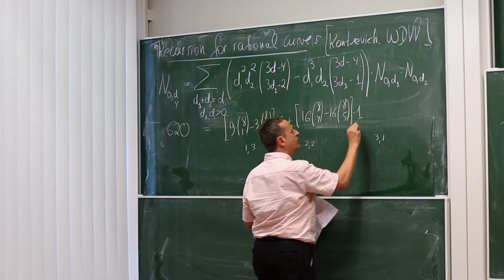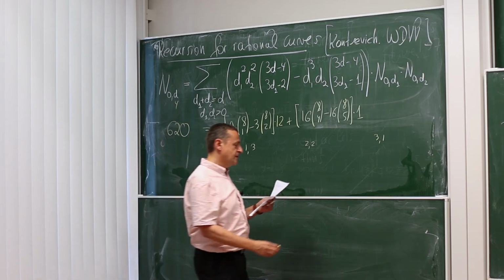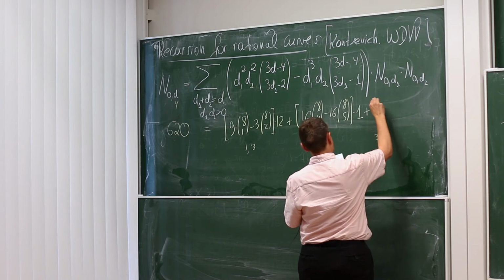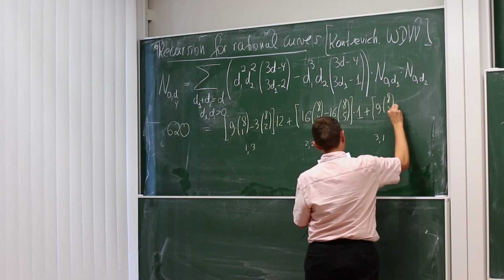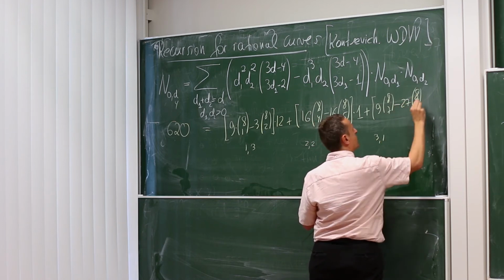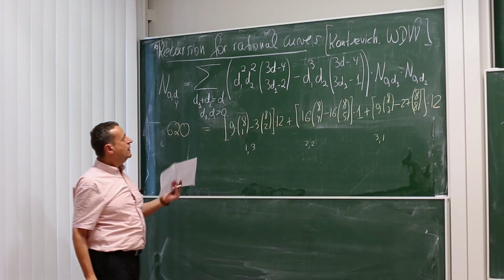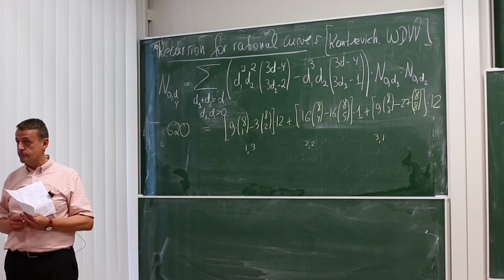Right? That was the number of plane quartics passing through 5 points. And then the last one is 9 times 8 choose 7, minus 27 times 8 choose 8, which makes 1. The whole thing times 12 again. And then evaluating this yellow number makes 620.